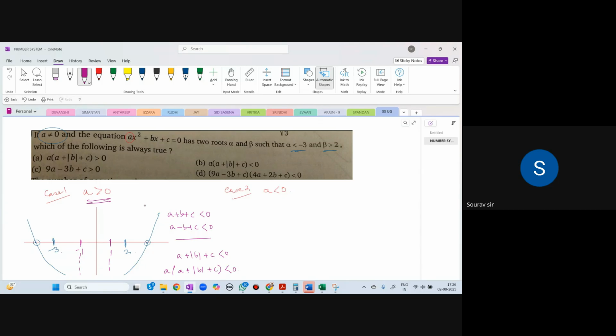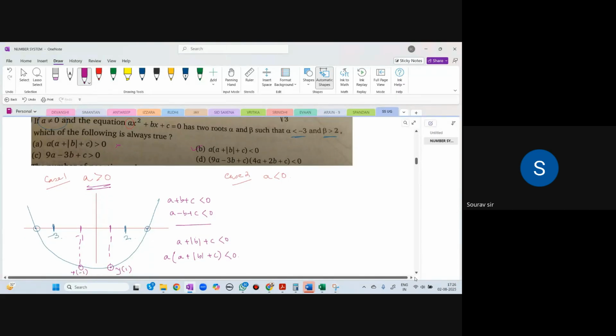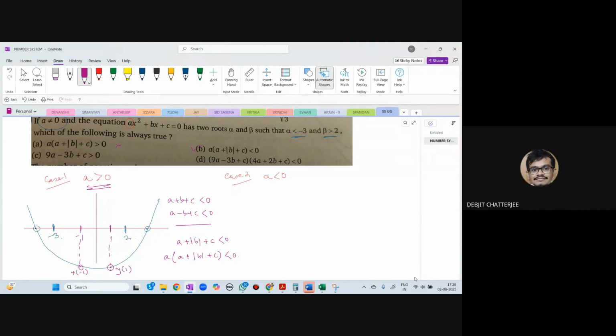So this is not correct. This is correct. What about C and D? It can be multiple correct options also. That also you have to keep in mind. Competitive exam. So C and D is wrong.